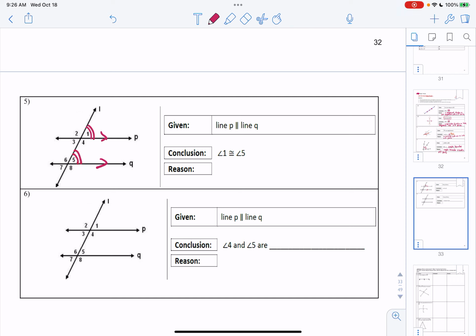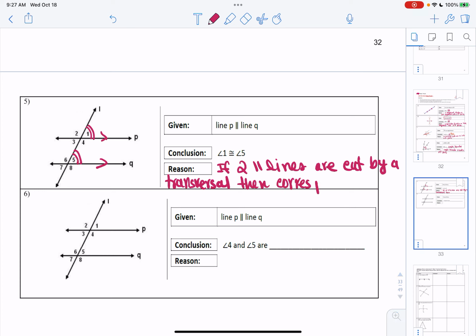There are a bunch of things we can talk about, but for this one, we can start by saying that if two parallel lines are cut by a transversal, then these are our corresponding angles, and corresponding angles are congruent.